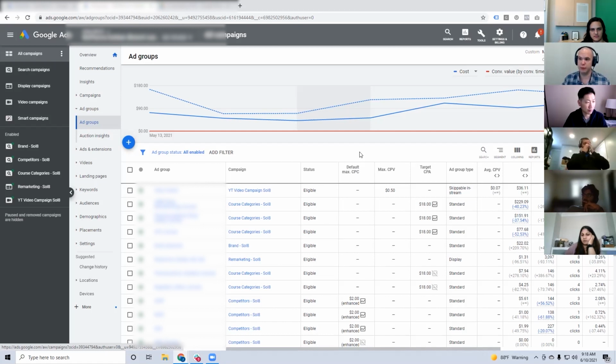There's going to be a new keyword match type coming out called smart match, and that's something you'll be able to choose. Smart match basically means let Google decide what are the relevant keywords and what are not, but you have to be using automated bidding. We might not be together when you see smart match come out, but just know that smart match is going to be basically the new keyword that everyone is going to have to use.